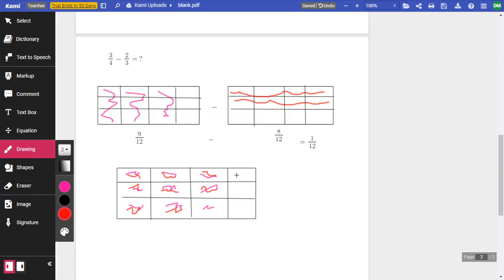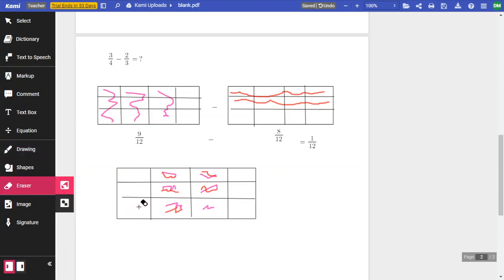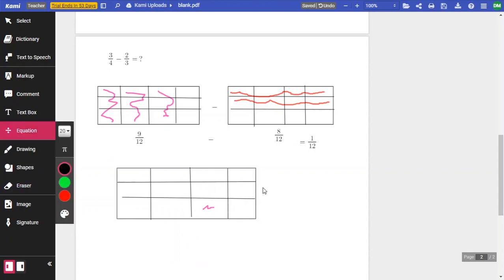And now, essentially, anywhere where I have a purple and a red, that's been subtracted, so that's basically 0. So let's erase those, and let's see what we're left with. And we're only left with the 1 purple, so this is equal to 1/12.